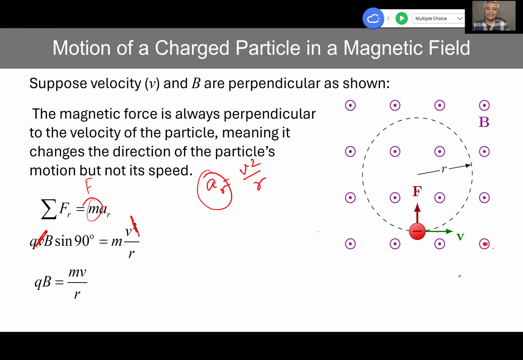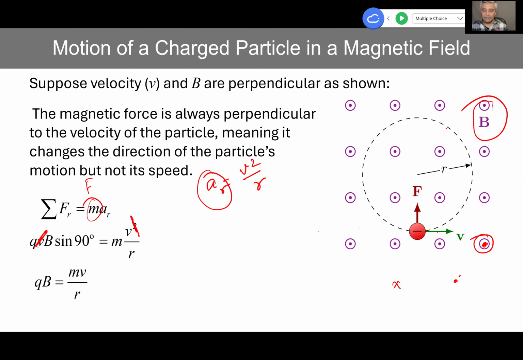Okay. So it is a setup. So B comes from that setup. And the notation for this thing coming out of the screen is a dot inside a circle, or could be just a dot. Okay. And if you see a cross, that means it's going inside. So this B field is given for you. Okay.